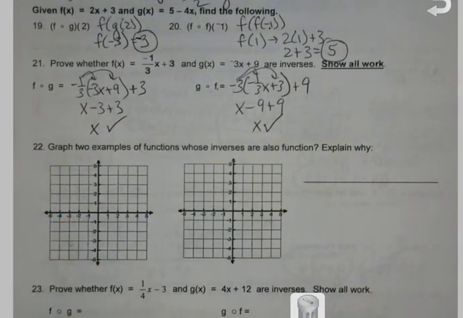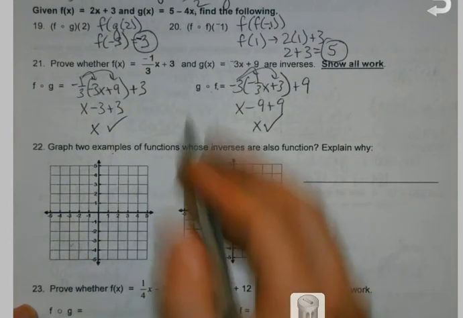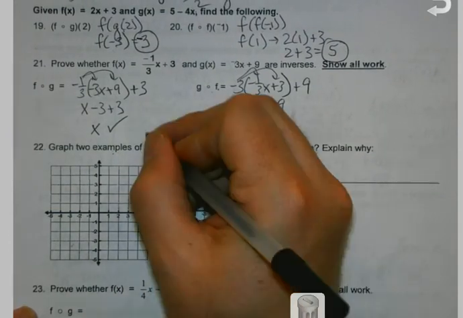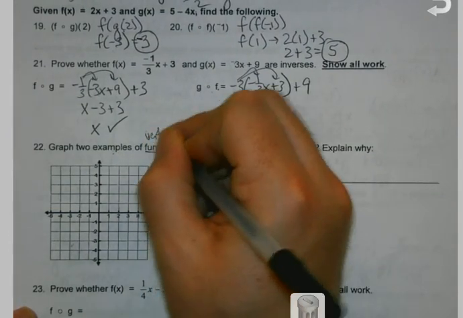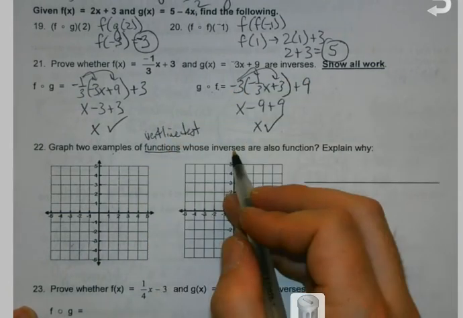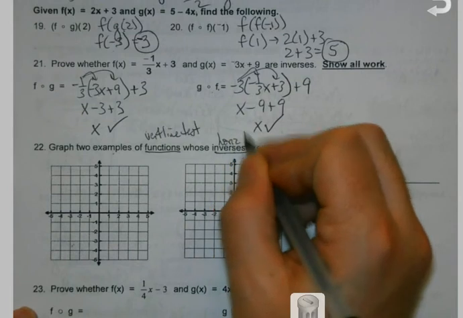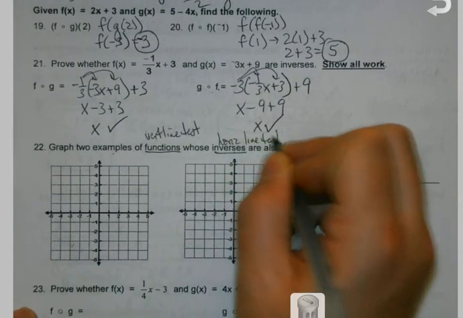Okay, 2 examples of functions whose inverses are also functions. Now here, notice 2 examples of functions. A regular function has to pass the vertical line test, whose inverses are also functions. Horizontal line test.